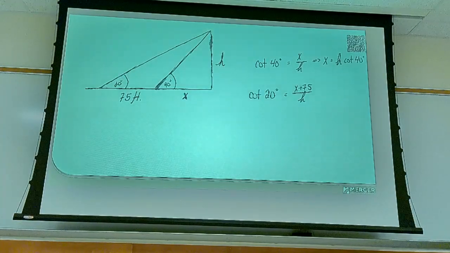All right, that first equation tells us that x is h times cotangent of 40. Now we just plug it in. Solve for h.